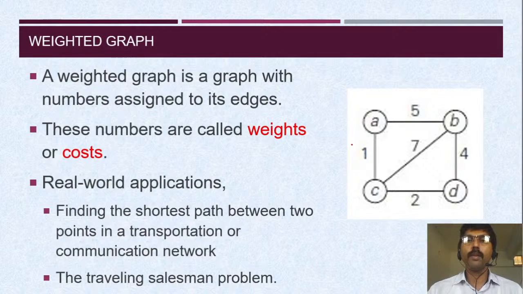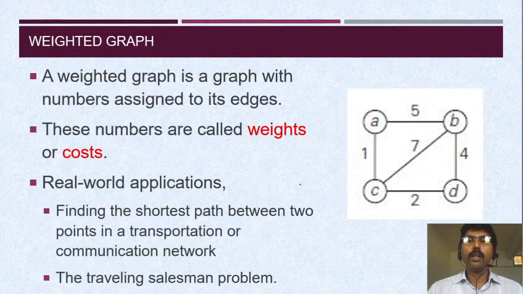For example, if you want to travel from Kumta to Hubli, there are many paths. Which path is the shortest, that we have to identify. In that case, we need a weighted graph.